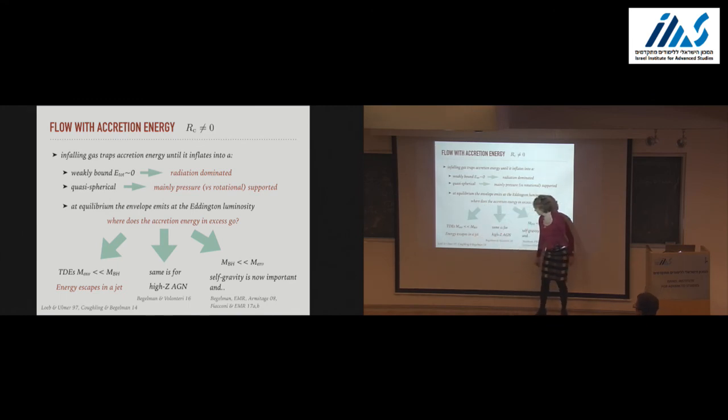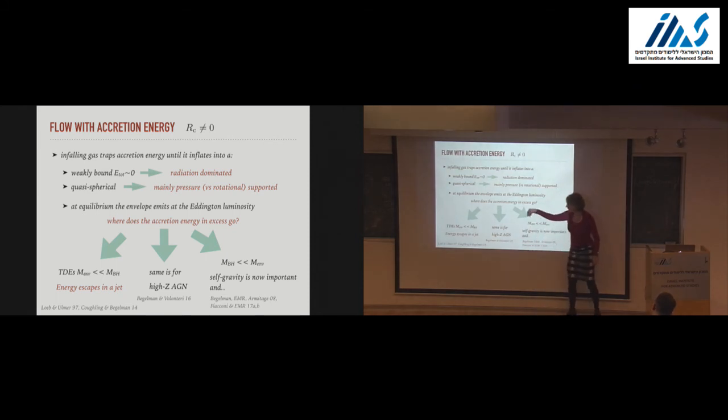Then Mitch and Marta Volonteri applied the same models, called ZEBRA, where the Bernoulli constant is zero, in high redshift AGN. They worked out that here the circularization radius is less than the trapping radius, and in those cases you can have hyperaccretion.